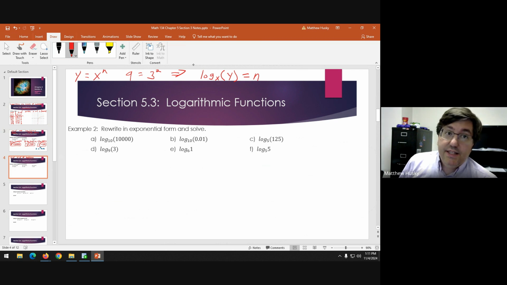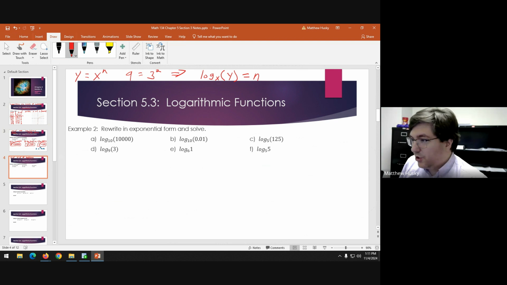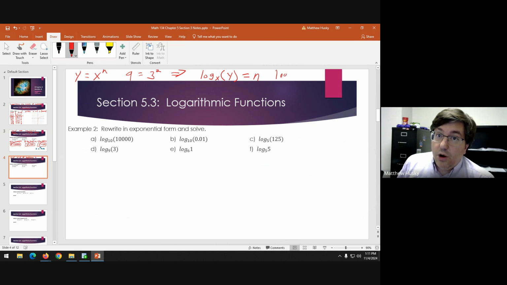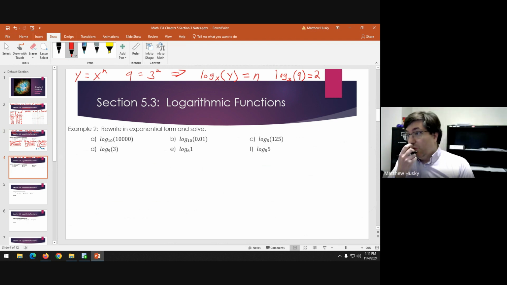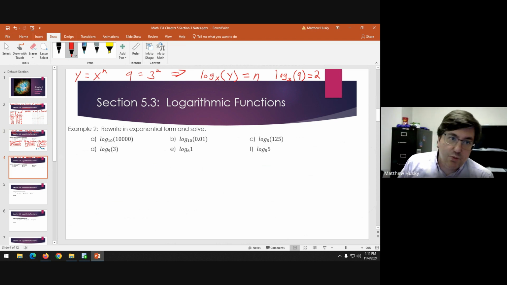If we wrote this statement, 9 equals 3 squared, as a logarithm, what that would look like would be log base 3. You would put a 9 inside it, and what that would equal would be 2. That's how logarithms work. So if we pick up where we left off with part D, we're rewriting these in exponential form.